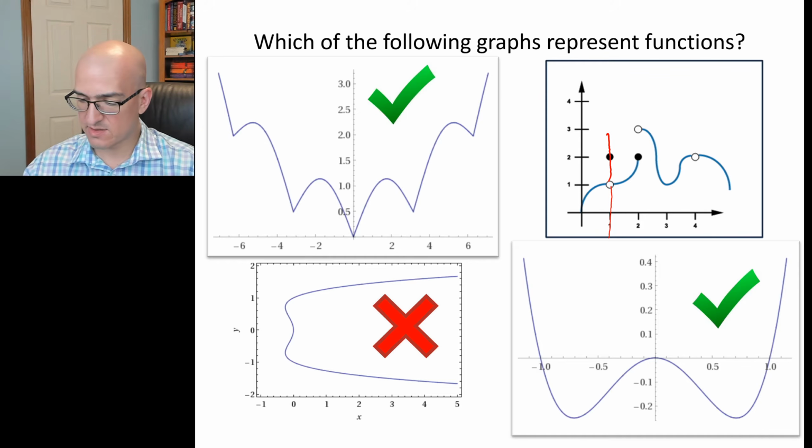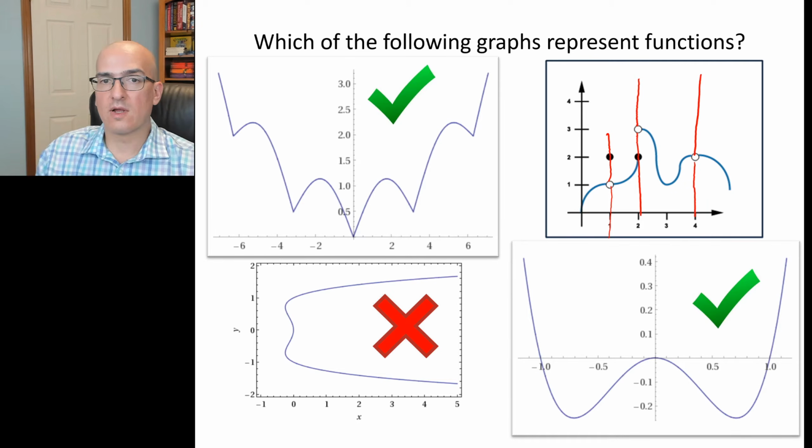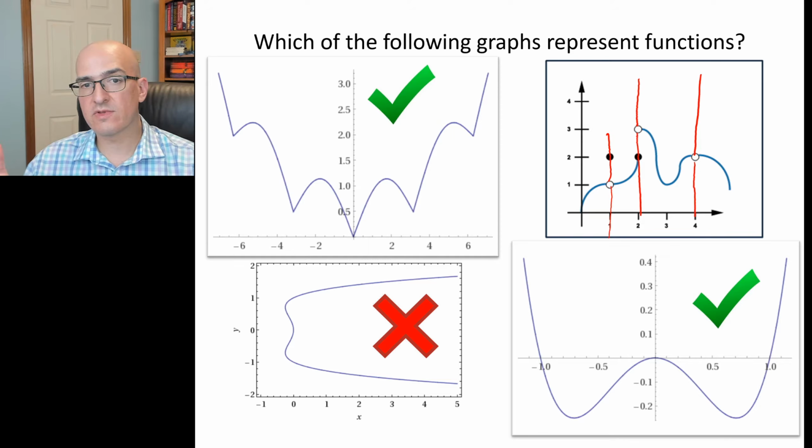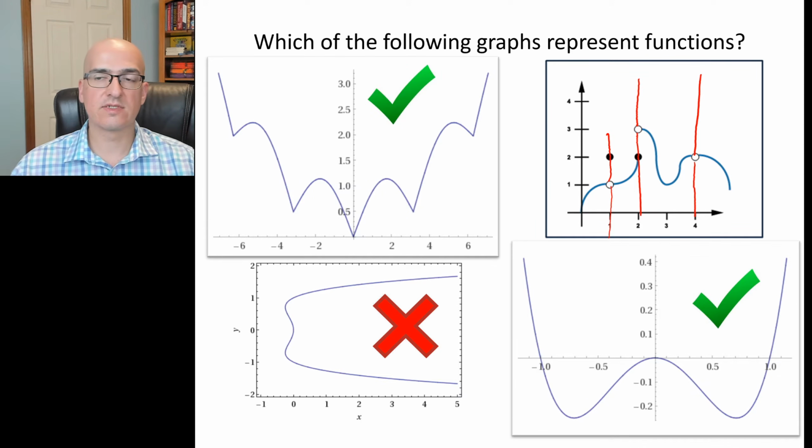crosses once. Okay, and I will try the next one. I'm going to pass through this point. It doesn't touch it, goes right through it, and then it touches this one. So it crossed exactly once. And the last point is at x equal to 4. So we try to pass a vertical line there, and it doesn't touch it at all. But remember, the only thing that makes a graph fail the vertical line test is if it crosses more than once. It's not crossing at all.